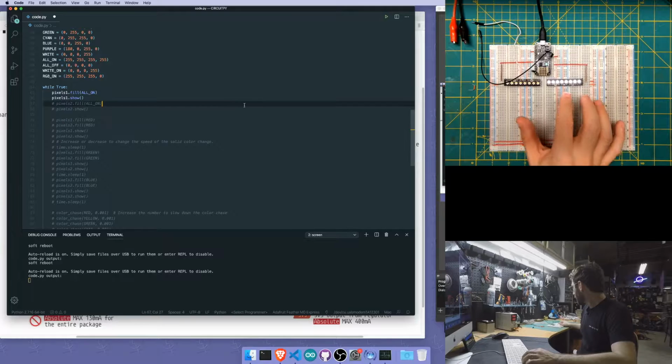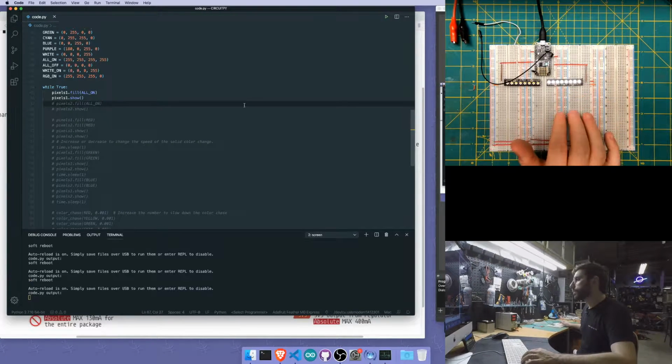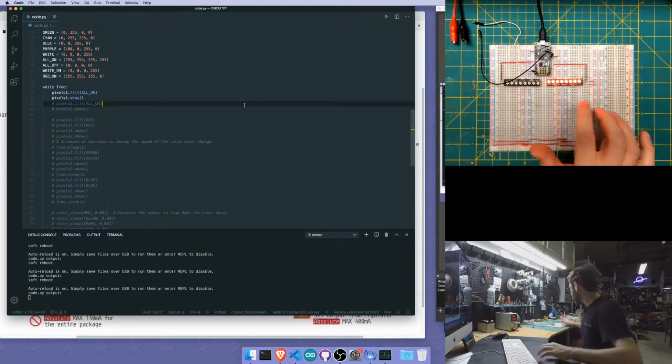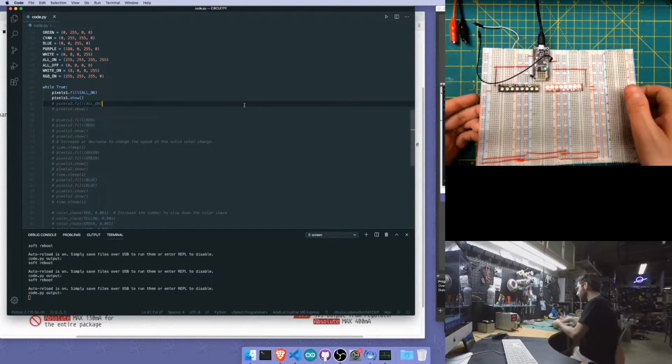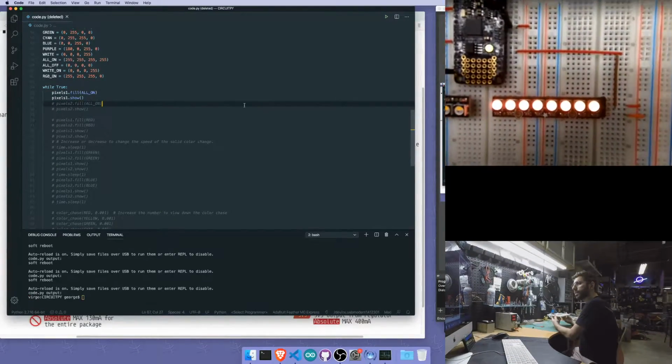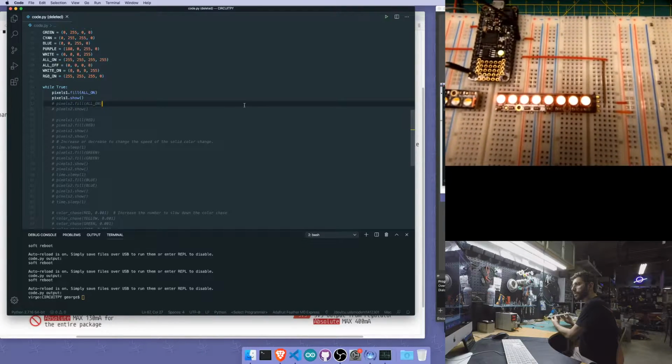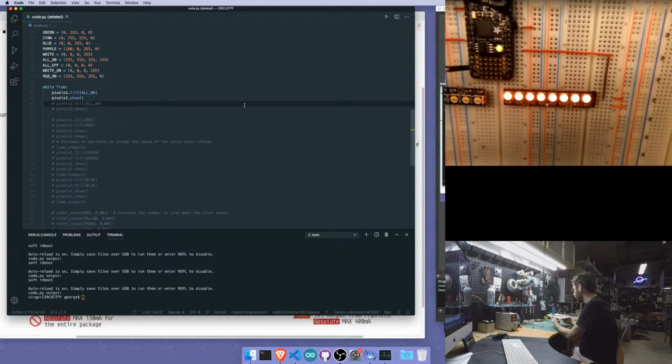Okay. You'll see that these turn almost like an orange color because basically the lights can't get enough power. Yeah, the color's not really coming through, but the lights aren't getting enough power effectively.